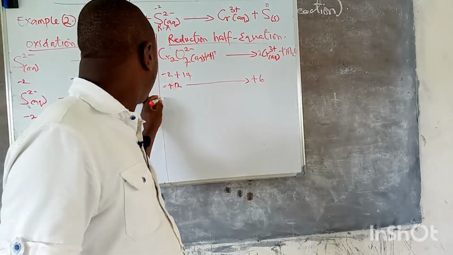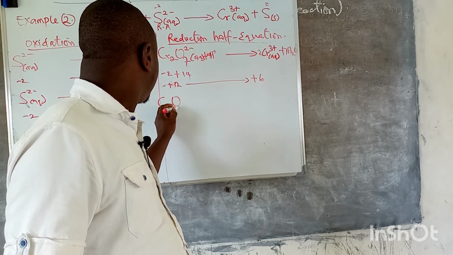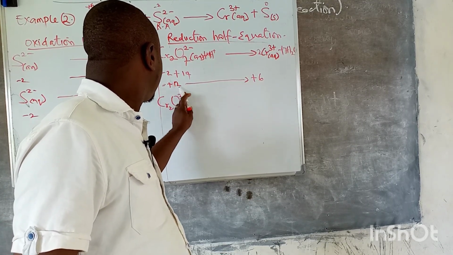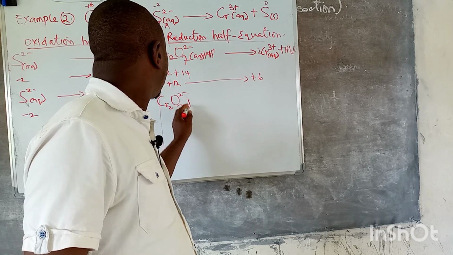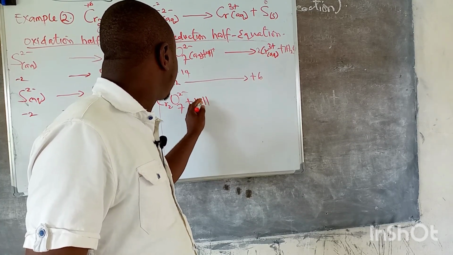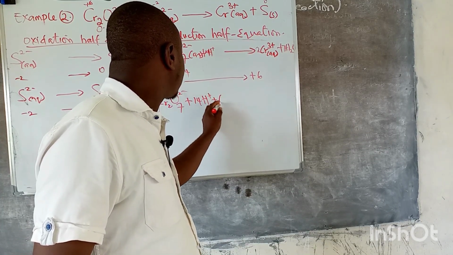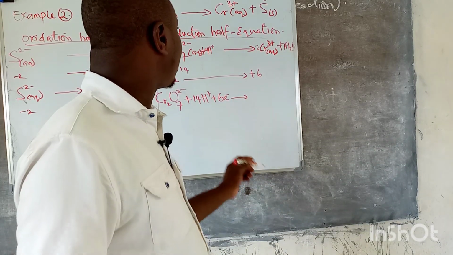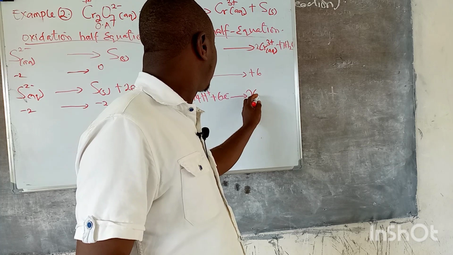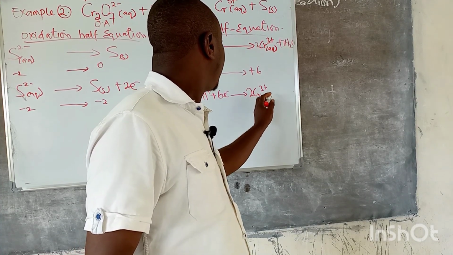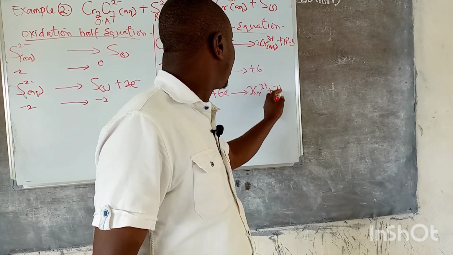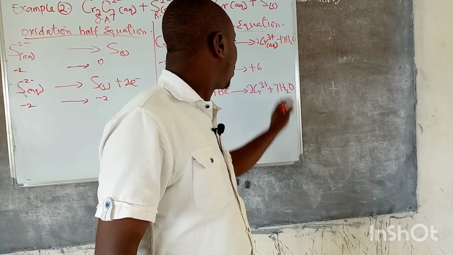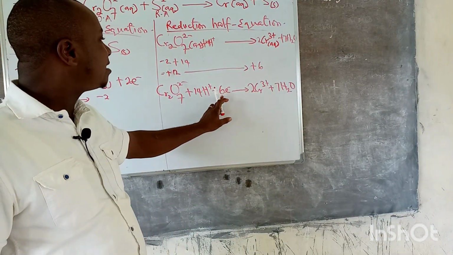Chromium, this is minus, plus 14 hydrogen ion plus 6 electron gives us 2 chromium plus 7 molecules of water. I have added 6 electrons here.